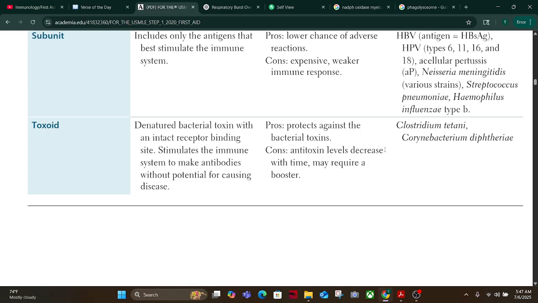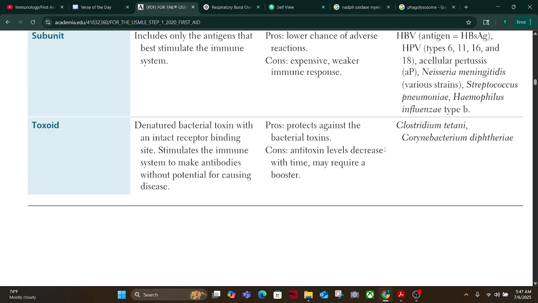So toxoid, you have denatured bacterial toxin with an intact receptor binding site. It stimulates the immune system to make antibodies without potential for causing disease. When they say denatured bacterial toxin with an intact receptor binding site, they're saying this is a heated up toxin, so the toxins cannot work.